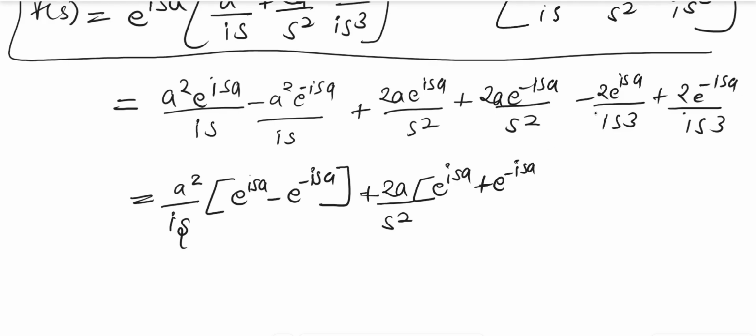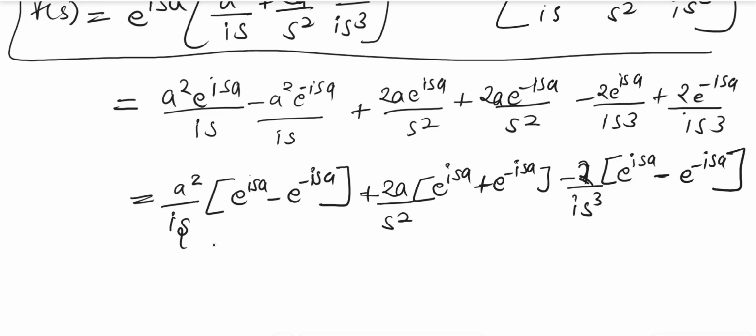Now in this take minus 1 upon iota s cube common. So in bracket here 2 is also there, so it is 2 upon iota s cube common, in bracket e raised to the power iota sa minus e raised to the power minus iota sa.